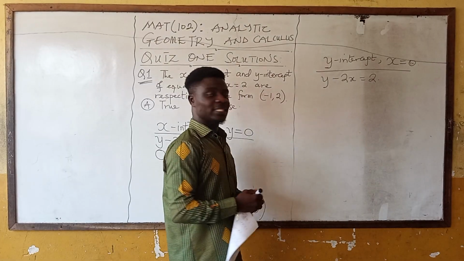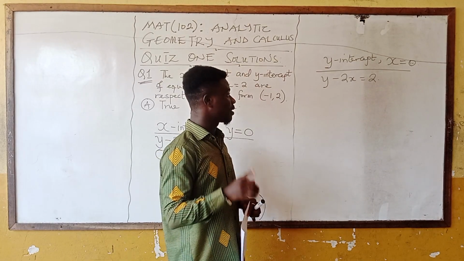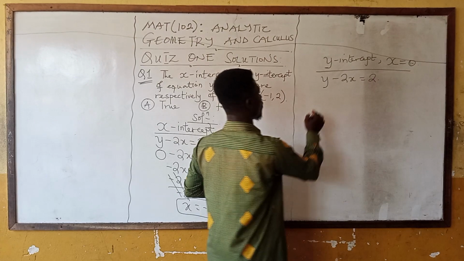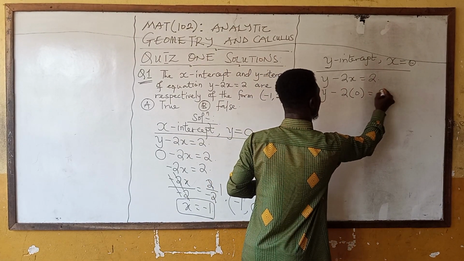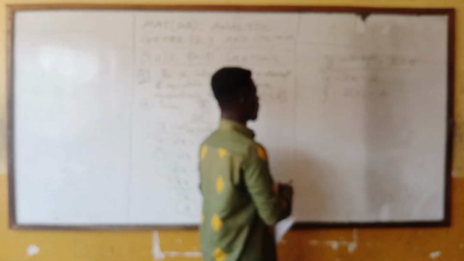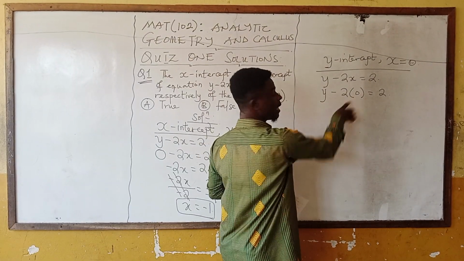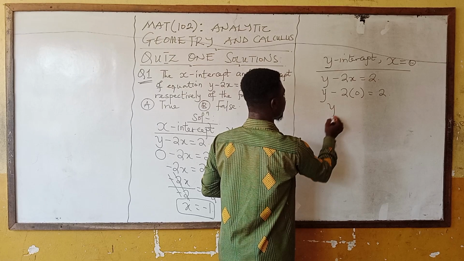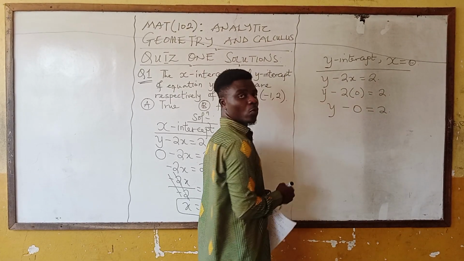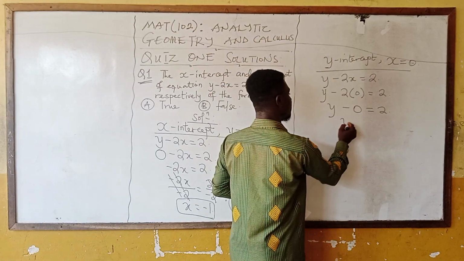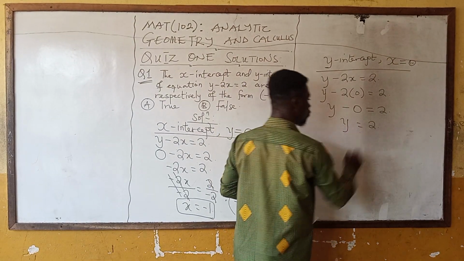Wherever I see x, I substitute in 0. So I have y minus 2 times 0 equals 2. -2 times 0, we obtain 0. y minus 0, we obtain y equals 2.